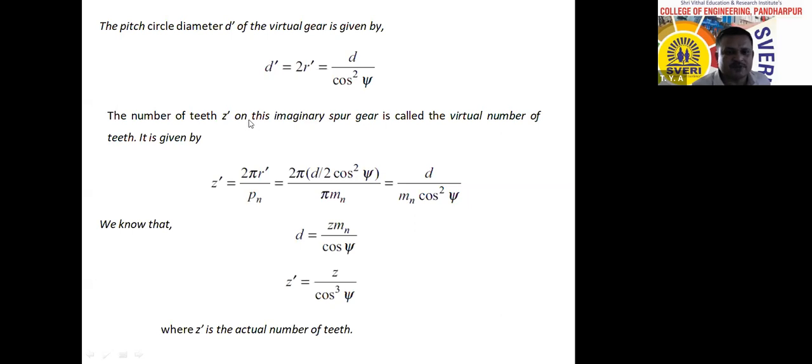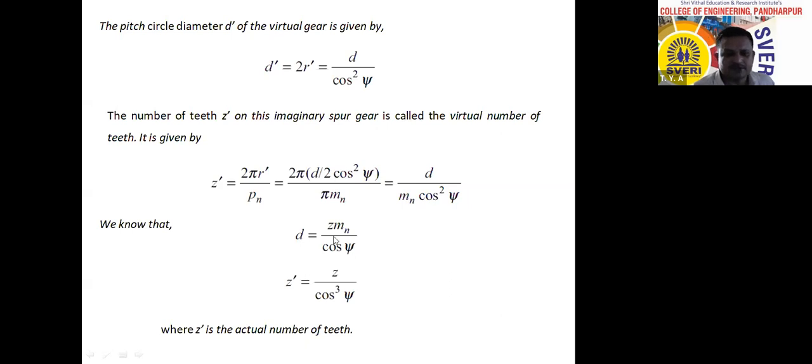Therefore, the number of teeth Z dash on this imaginary spur gear is called the virtual number of teeth. It is given by Z dash is equal to 2 pi R dash upon Pn, which is equal to 2 pi into D divided by 2 cos square psi divided by pi into Mn, which is equal to D divided by Mn cos square psi. We know that D is equal to Z Mn upon cos psi.